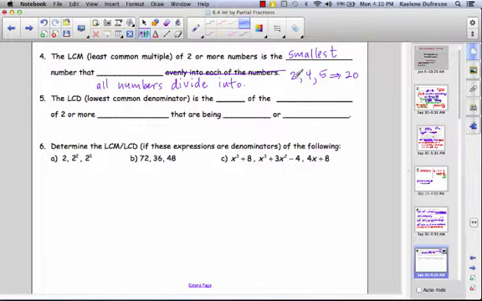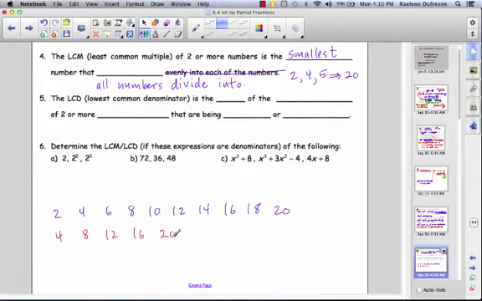If we were to skip count, or count by twos: 2, 4, 6, 8, 10, 12, 14, 16, 18, 20, and then skip count with 4: 4, 8, 12, 16, and 20, and then 5, 10, 15, 20. We can see that 10 is common to 2 of the individual numbers, but not to all 3. And the first number that is common to all 3 is 20.